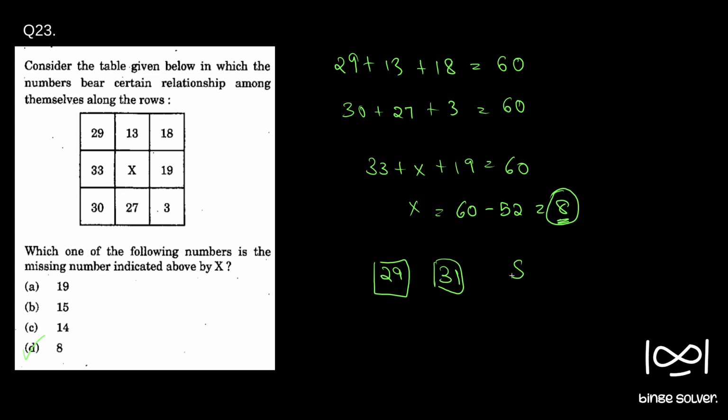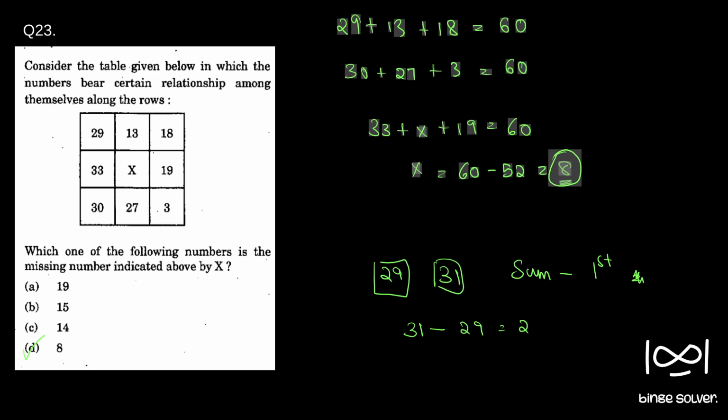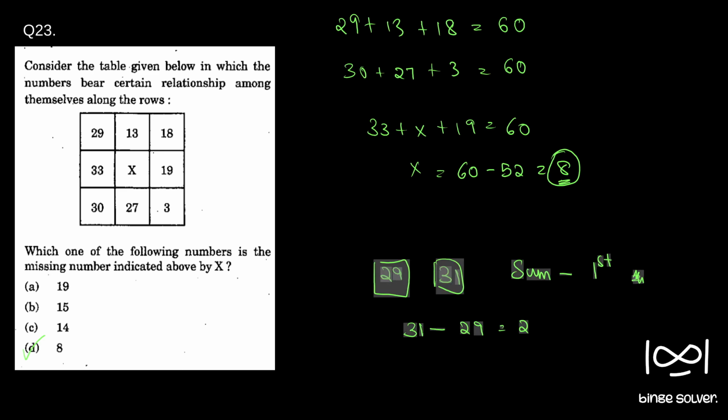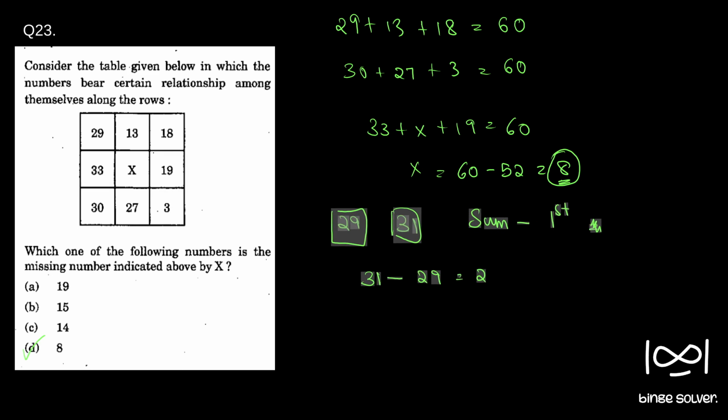So the sum minus the first element: 31 minus 29 equals 2. Sorry, it is 31 minus 29 is equal to 2.